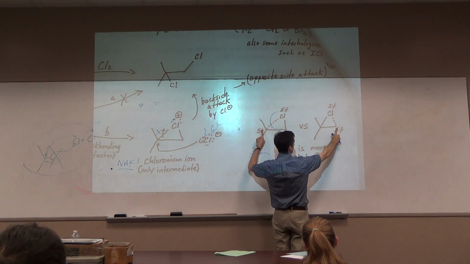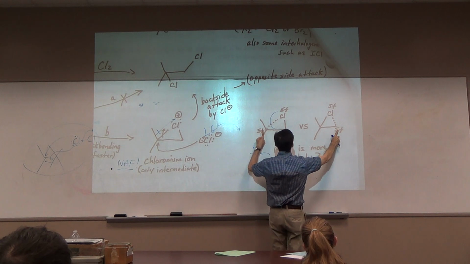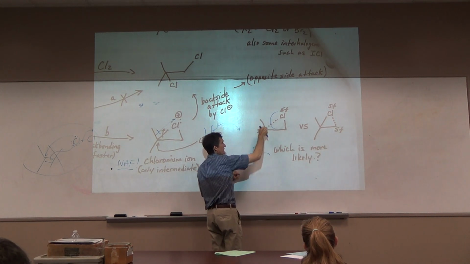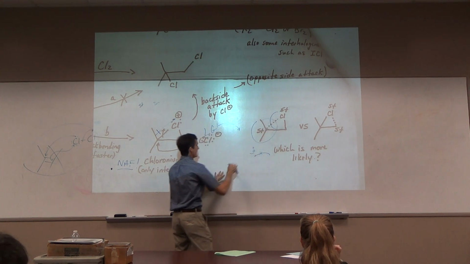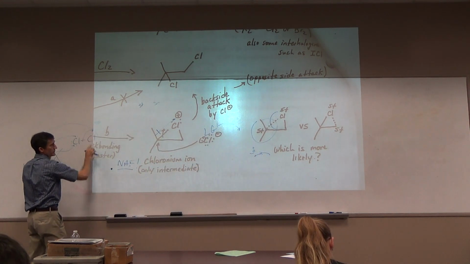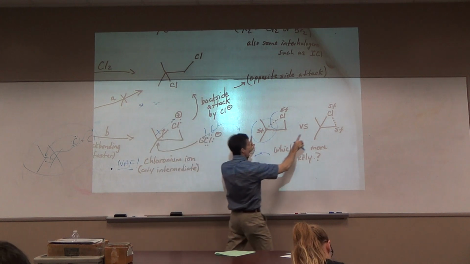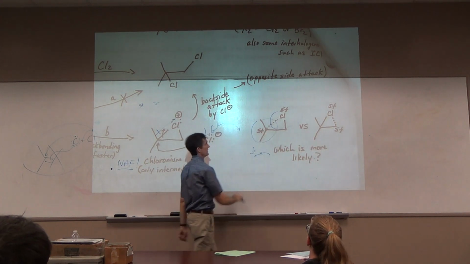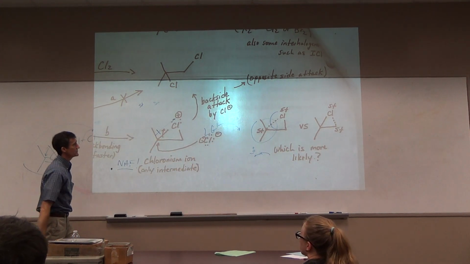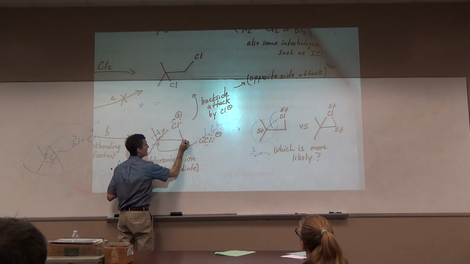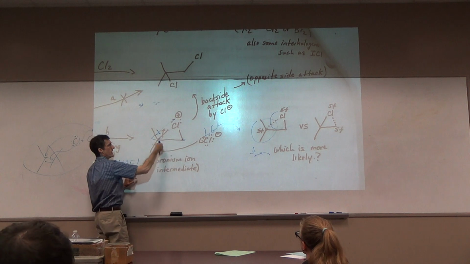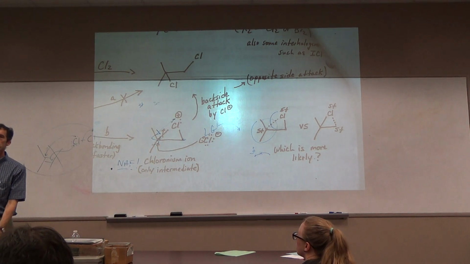Well, which carbon can handle more positive? This one, because it has rich friends. It's the same as asking where you're going to make cation, left or right. Where are you going to have more partial plus? Here. And so that chlorine sees more partial plus there, and that's why it is attracted over there and bonds over there.